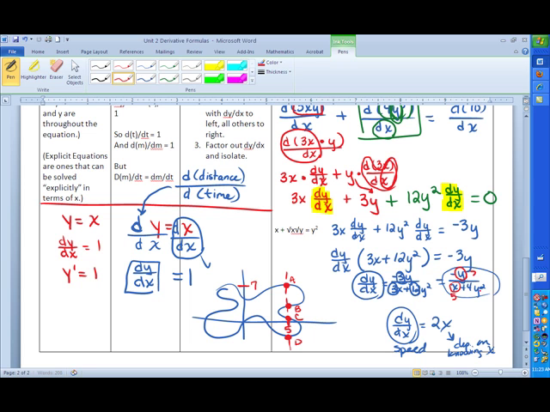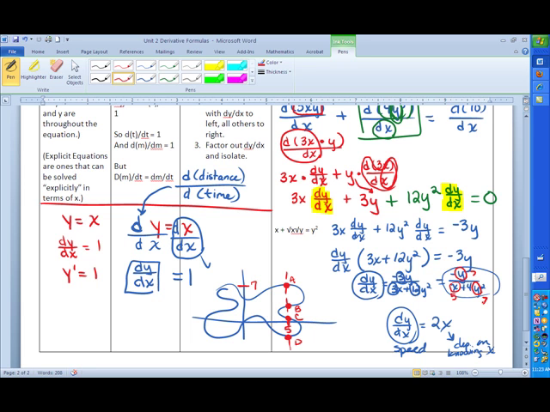I would have to plug a 7 in for all of my y's. So the reason we have implicit differentiation is it allows us to find an equation for the slope of a curve that is not necessarily a function that passes the vertical line test. And so now the speed of the object depends on the location of the object, and we need both x and y.